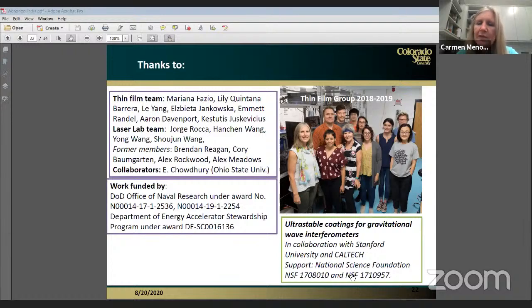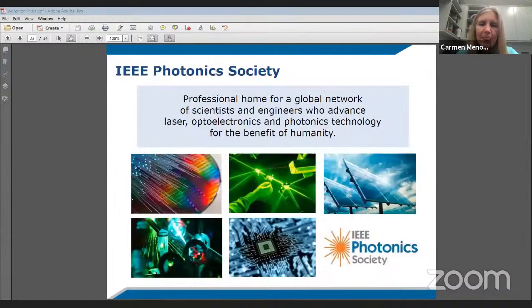The LIGO coatings, some of the metrology that we do is actually carried out at Caltech and at Stanford. So this concludes the technical part of the presentation.